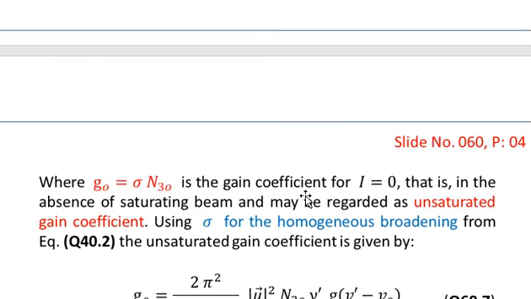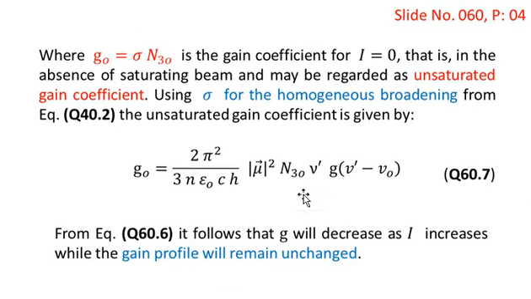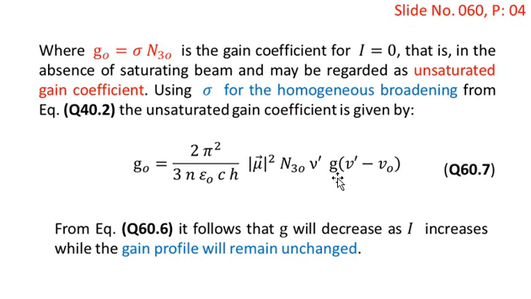The shape of the gain profile will not change because it is determined by g of nu prime minus nu naught. Whether we increase or decrease the intensity of the saturating beam, the gain profile will stay the same.